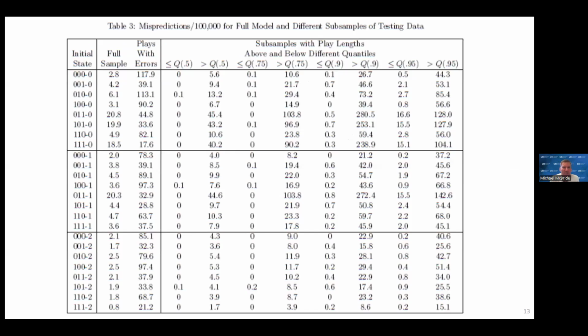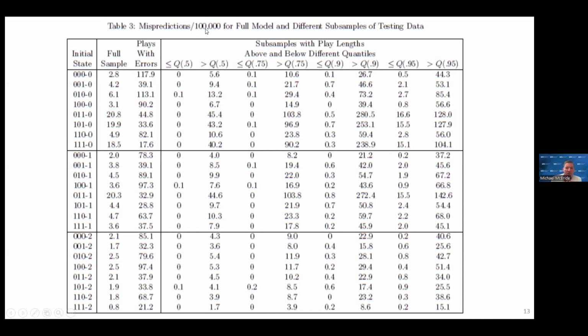Okay, so how well does the model do? This is the testing we did within the sample where we actually had the assigned triggers. We trained data and then we tested on the testing data. And this first column tells you for each of the 24 different models for the initial states, how many times out of 100,000 play events we mispredicted what the testing data said it should have been.